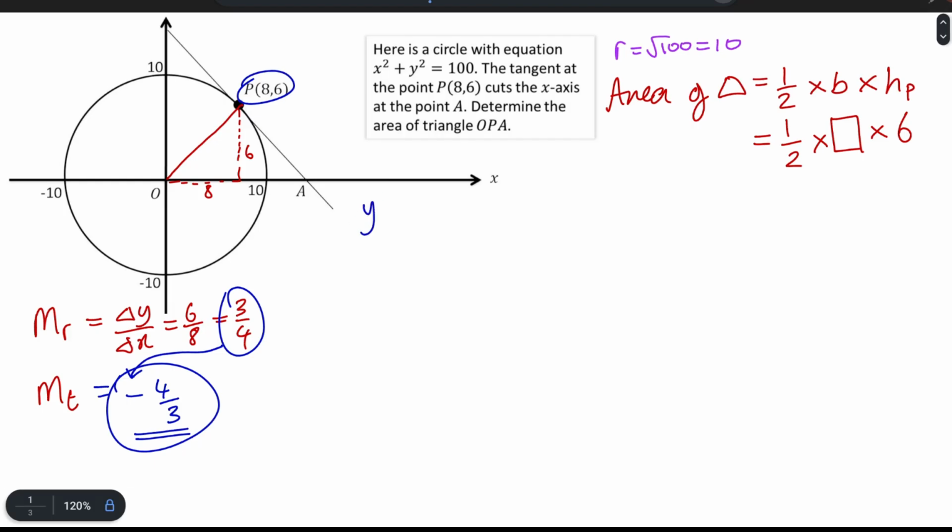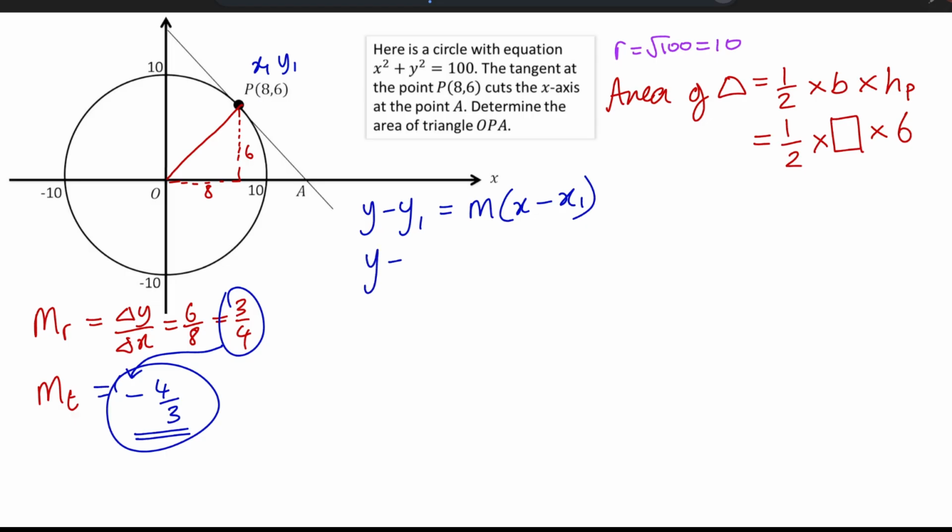Let's set y minus y1 equals m brackets x minus x1. The gradient is, well, let's start with, that's x1 and y1. So y minus 6 equals negative 4/3 brackets x minus 8.